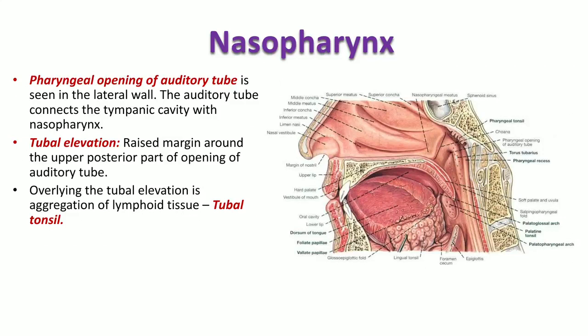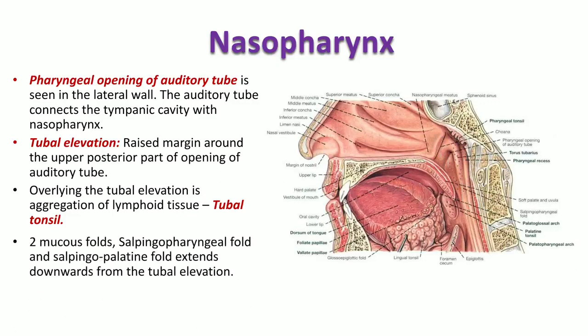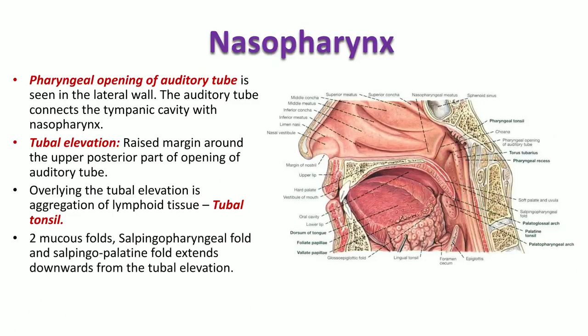Next, what you see is the mucous folds. Two mucous folds mainly, one of which is called the salpingopharyngeal fold, because salpinx means tube. Since it arises from the tubal opening, it is called the salpingopharyngeal fold. This fold extends downwards, and deep to that mucous fold you have the salpingopharyngeus muscle, one of the longitudinal muscles of the pharynx.